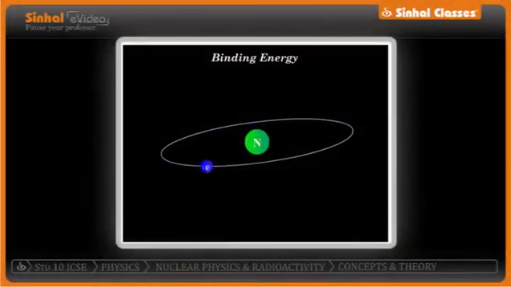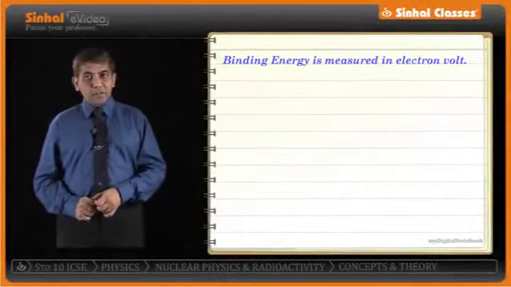Why? Because the electron is negatively charged and the nucleus is positively charged. Definitely there is a force of attraction between the nucleus and the electron. So this force that binds the electron to the nucleus is called the binding energy. It is measured in electron volts.